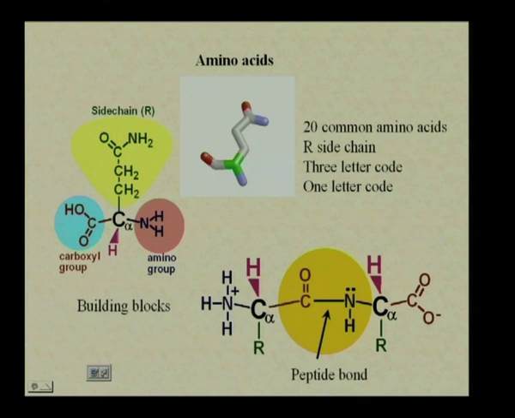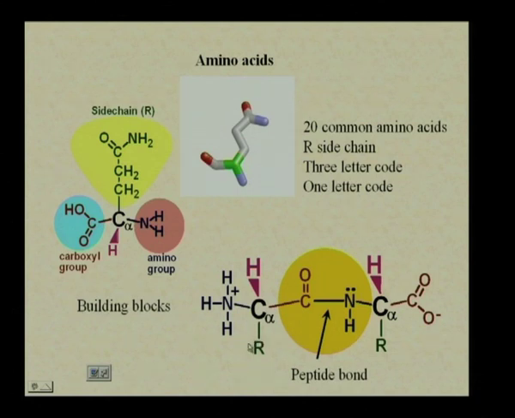Now, the next thing that we looked at was the joining of two amino acids. The joining of two amino acids gave rise to what is called the peptide bond. When we look at the peptide bond, we see that we have associated the carboxylic group of the previous amino acid with the amino group of the next amino acid.